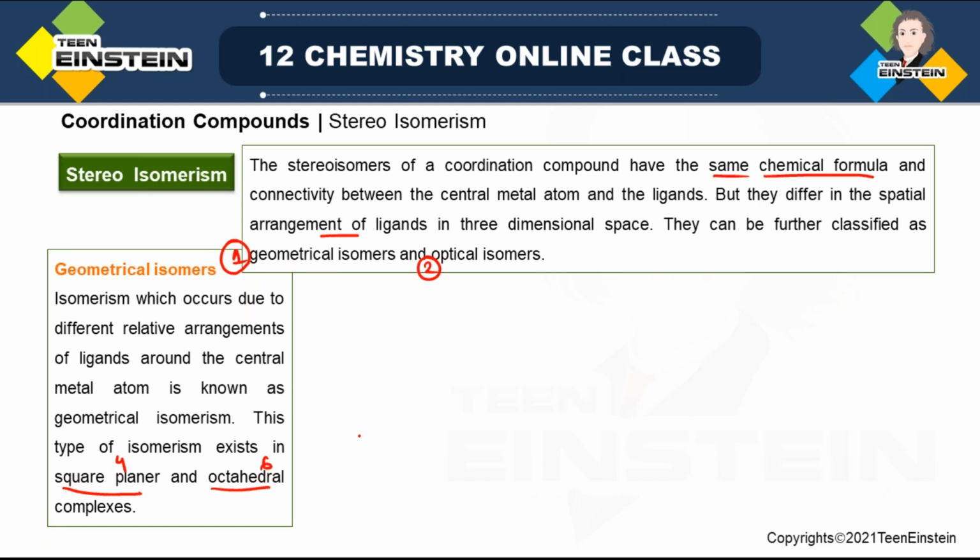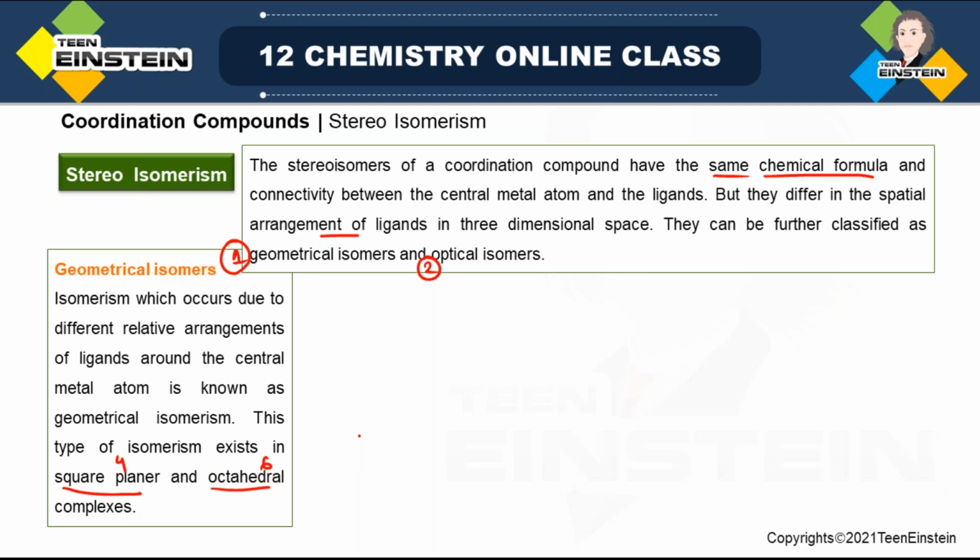But in tetrahedral complexes, geometrical isomerism normally we cannot see, though there are some exceptional cases. Why it is not possible, that also we will see. But try to understand what geometrical isomerism is: different relative arrangement of ligands around the central metal.